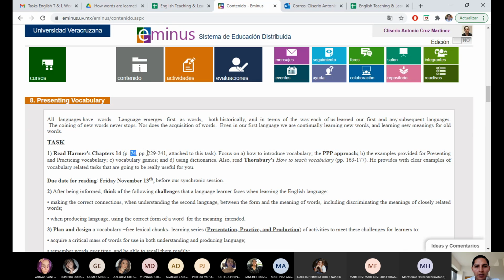Then pages 229 to 241: how to introduce vocabulary, the presentation, practice, and production approach, the examples provided for presenting and practicing vocabulary.